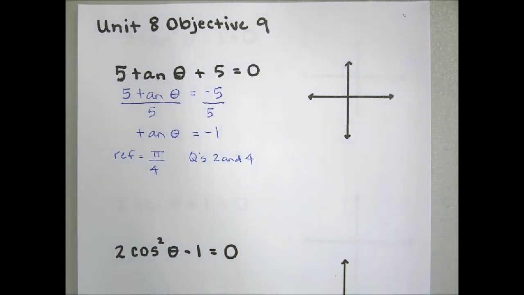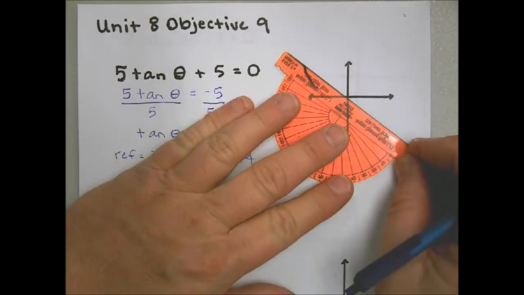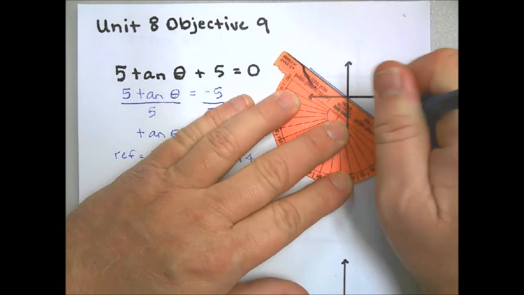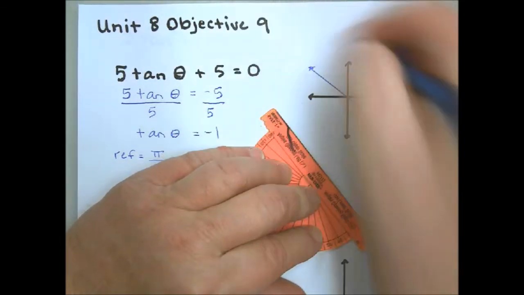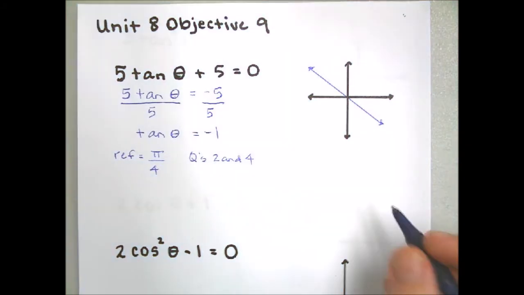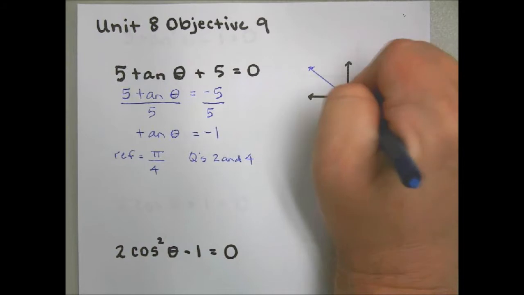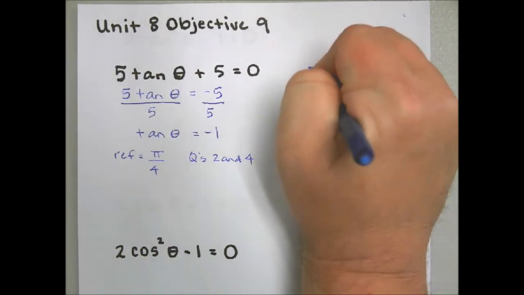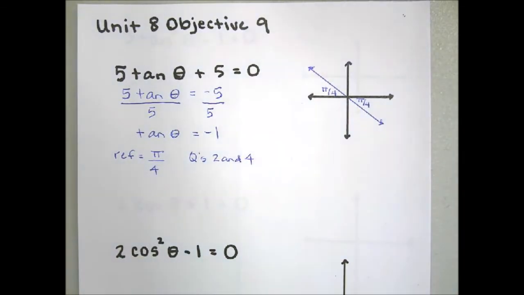So with that in mind, let's draw the terminating rays. Pi over 4 is the same thing as 45 degrees, but we have to think of it in terms of radians. Your reference angle is always to the horizontal. So the reference angle is pi over 4 right here, and it's pi over 4 right there.